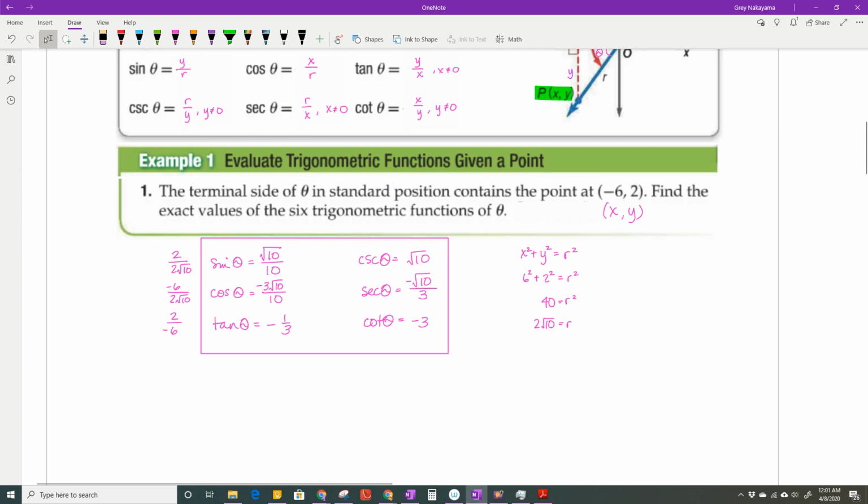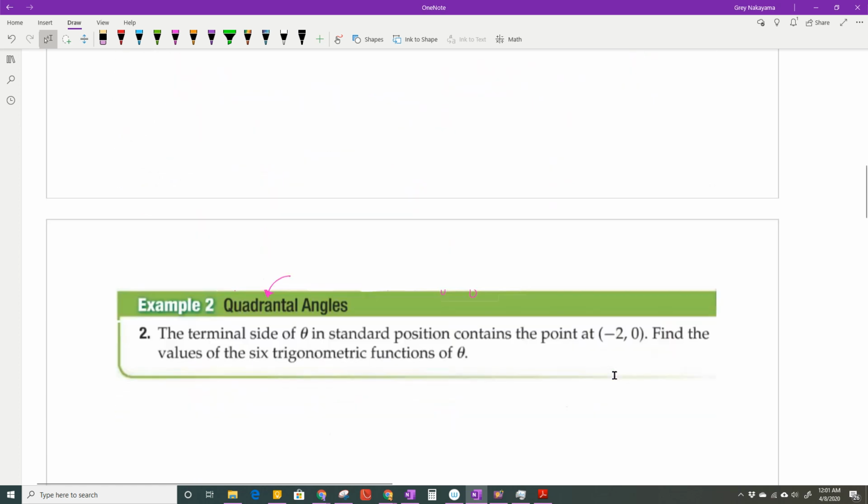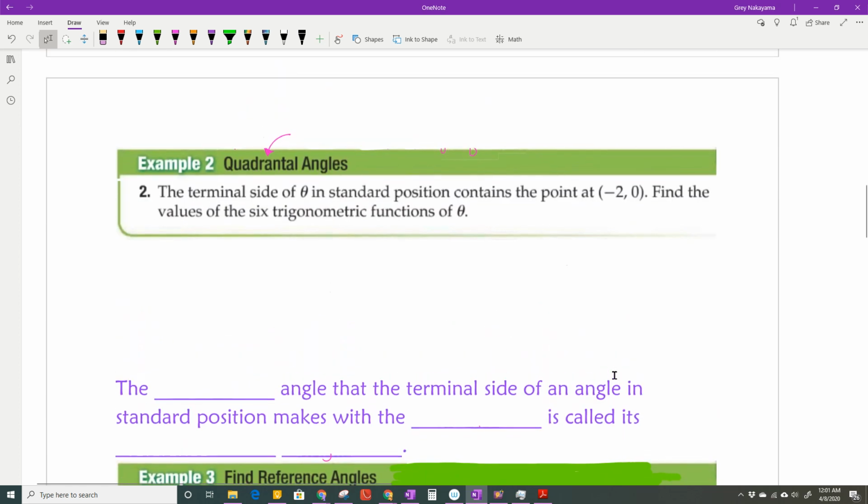Okay, so let's look at the next thing that we've got to talk about, and that is something called quadrantal angles. Quadrantal angles are those angles that are not in a quadrant. Or another way to think about it is an angle whose terminal side is on an axis, a multiple of 90 degrees or pi over 2.